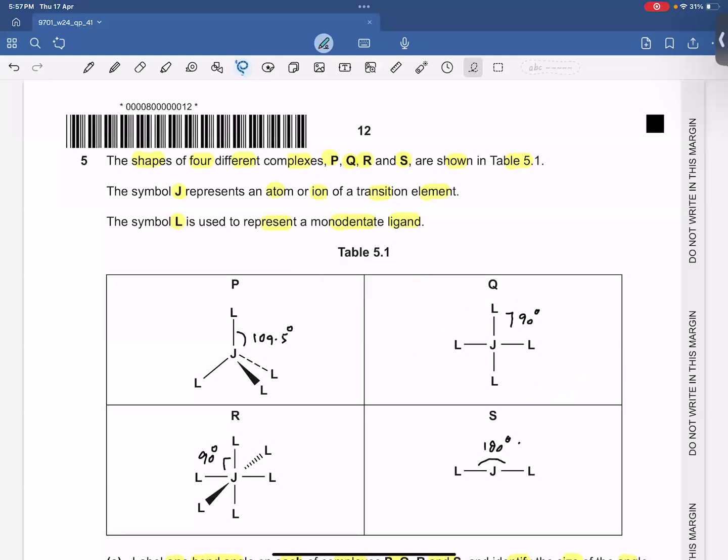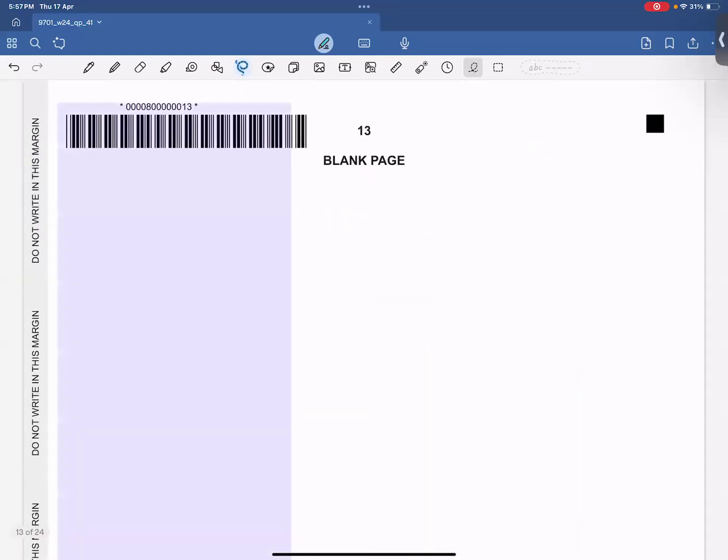That's tricky. That's not an easy thing. Oh. So this is J. This is L. This is L. This is L. And this is L. In a square planar geometry.